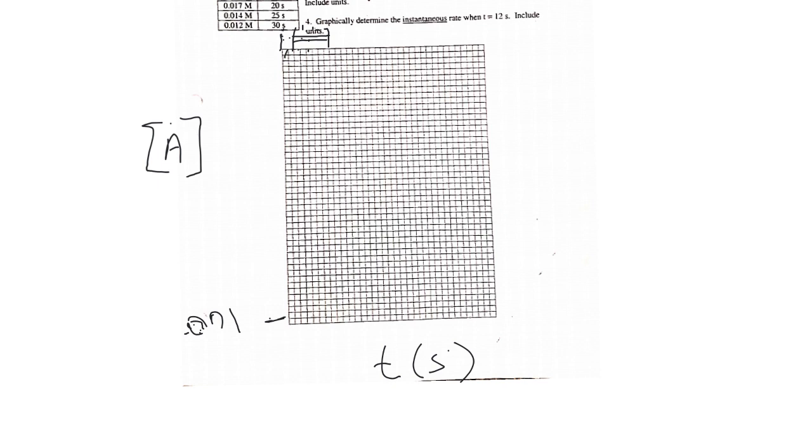Make each of them 0.001 and go on up until you get to the last one, which if you take a look at your data table there, 0.05 is where we begin, and then we're going to end at 0.012. So we want to make sure that we can fit all of those in. So that's why I said go ahead and use the divisions of 0.001, and that's along the y-axis there.